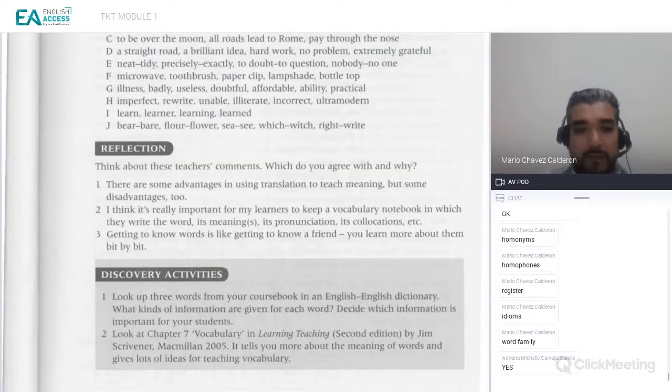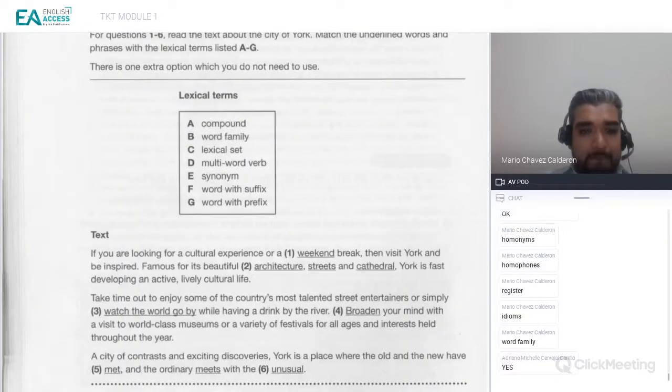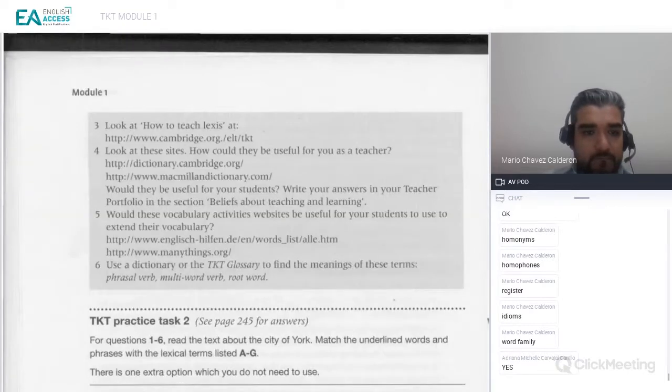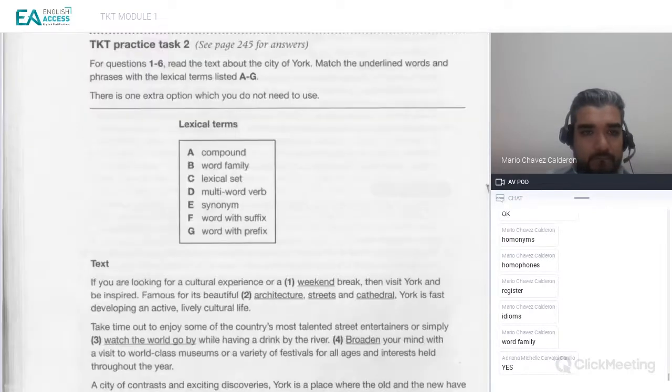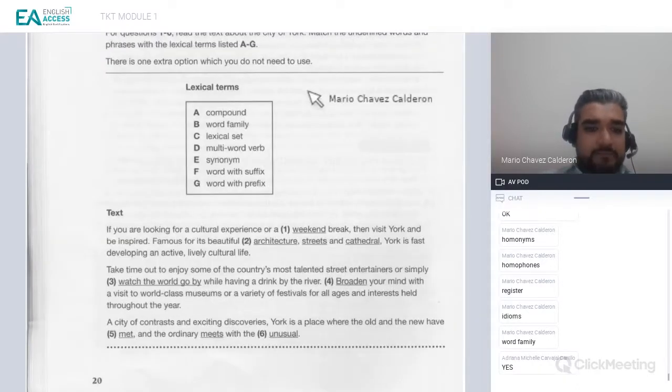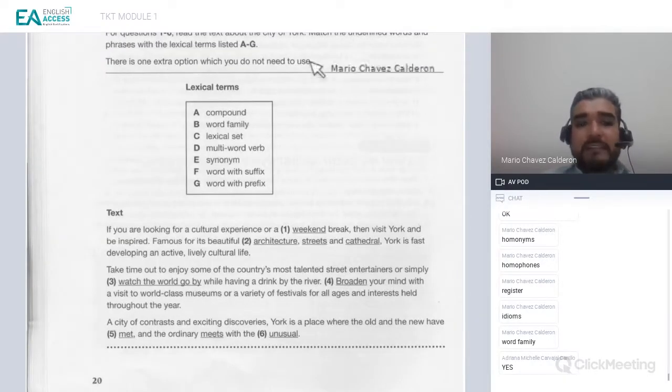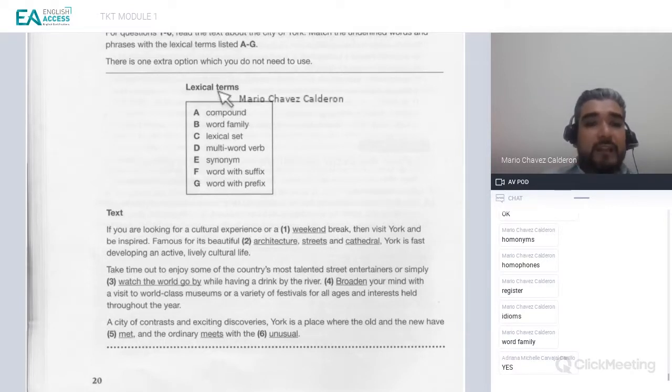Let's do the activities, okay? Okay, ladies. It says, one is the same activity as the last time. We have some lexical terms.